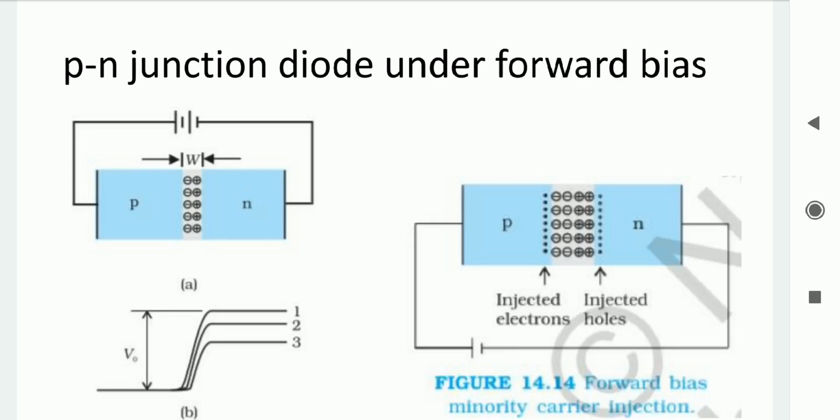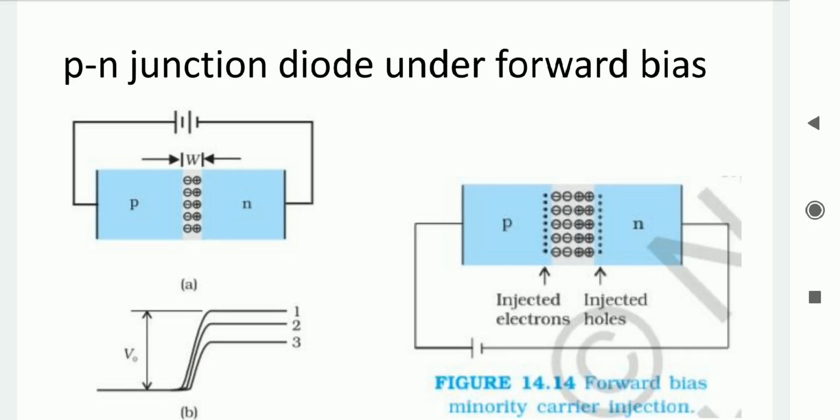So here the resistance is offered by the depletion region around the junction. This depletion region has no free charges and has a higher resistance compared to the other sides. Here this applied voltage is opposite to the barrier potential.